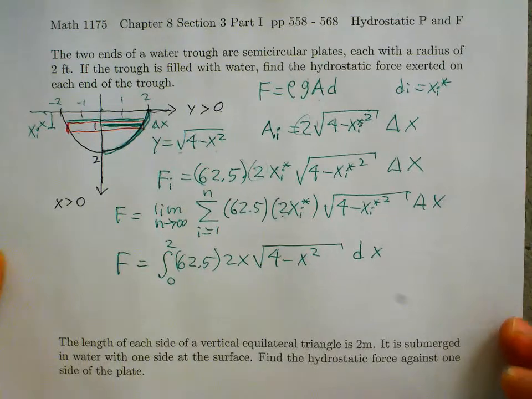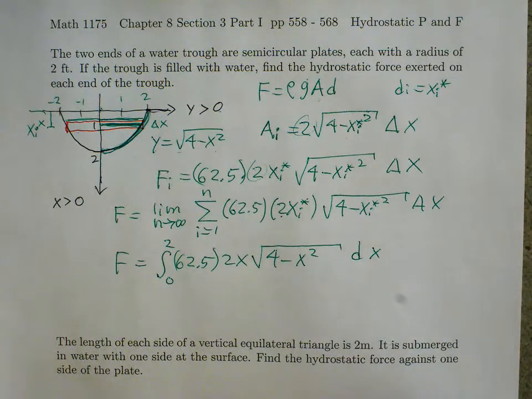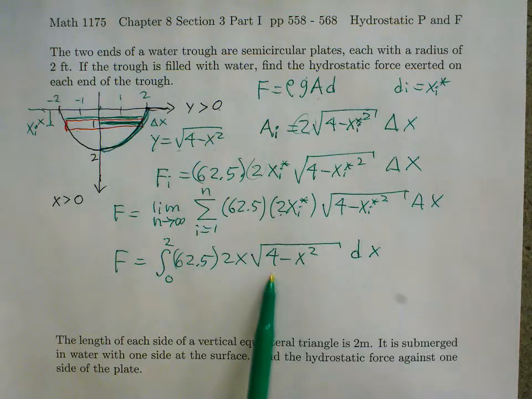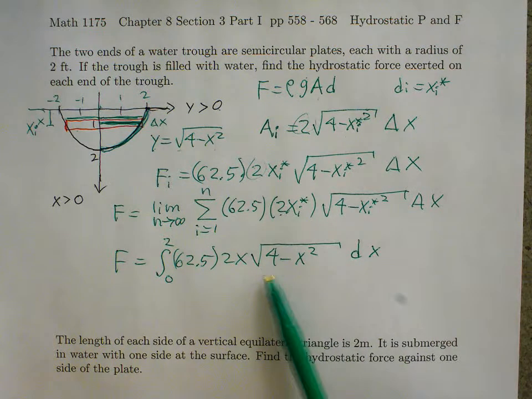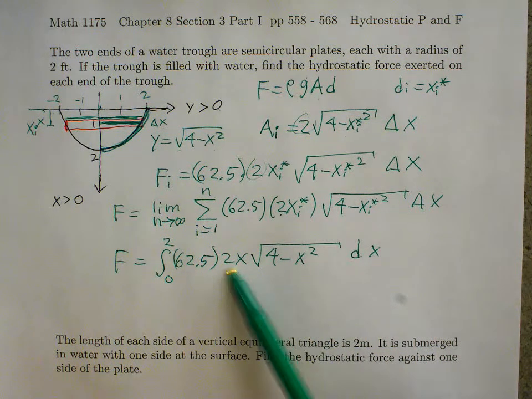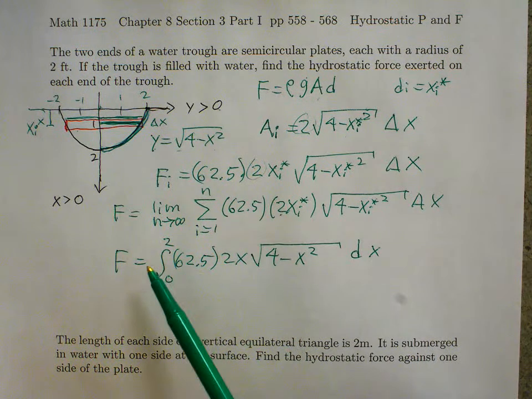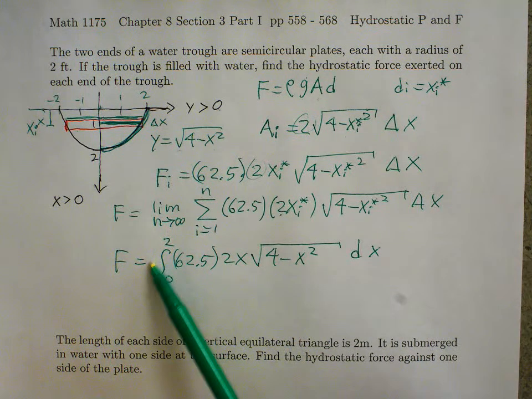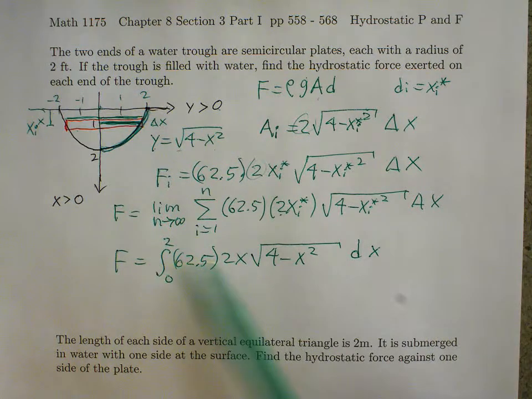I'm sort of running out of space, but if we think of, using the substitution rule, u is equal to 4 minus x squared, so du is negative 2x dx. We have a 2x, so we'll multiply by 1 in the form negative 1 times negative 1.